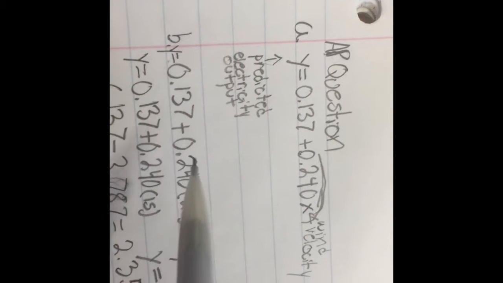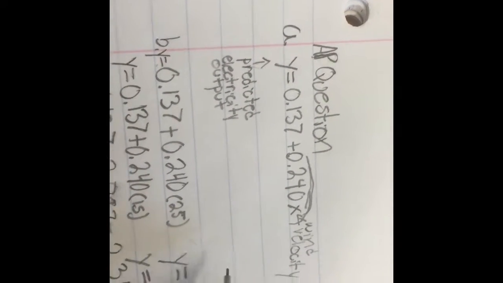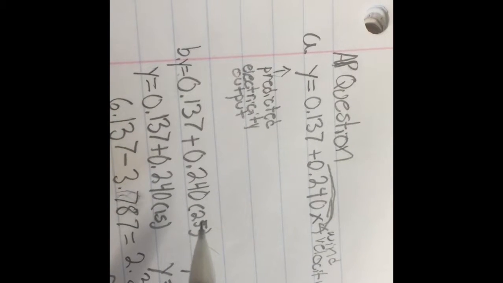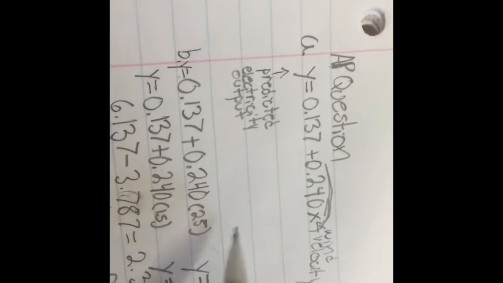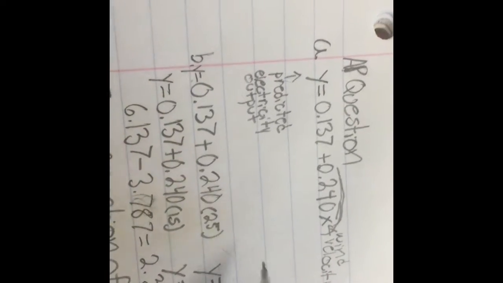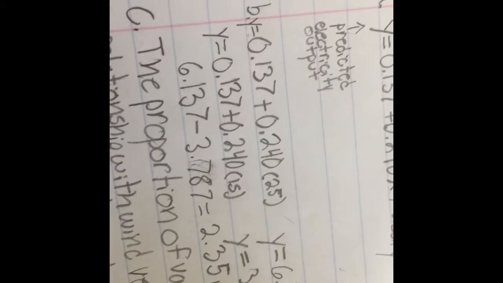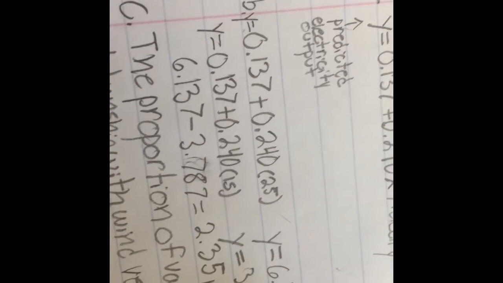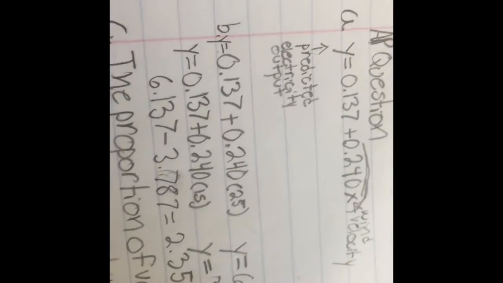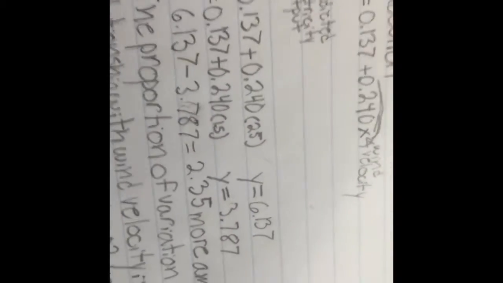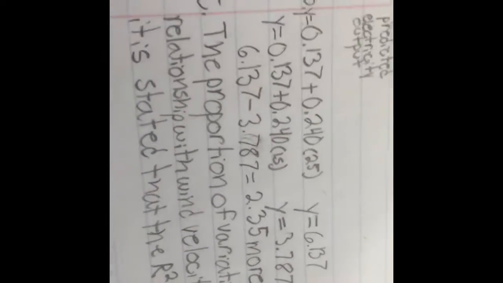So we'll take 0.137 and add that to 0.240 times 25. So we multiply those and then add it to 0.137, and we have our y value of 6.137. So that's how many amperes it will create.